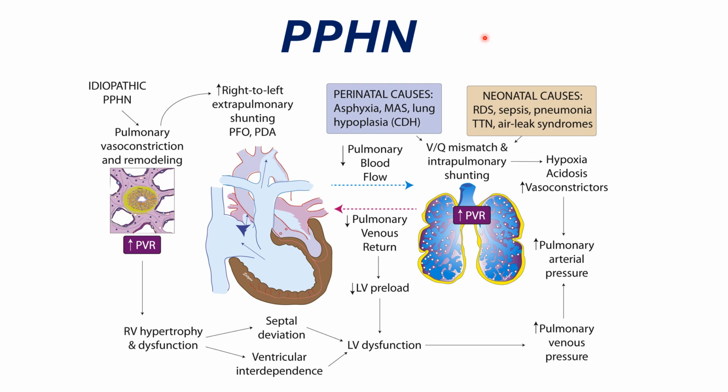In summary, the key points for PPHN are: PPHN is a failure of normal postnatal circulatory transition, presenting with refractory hypoxemia and a pre-post ductal saturation difference. The echocardiogram is diagnostic.